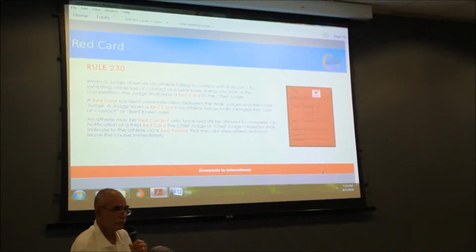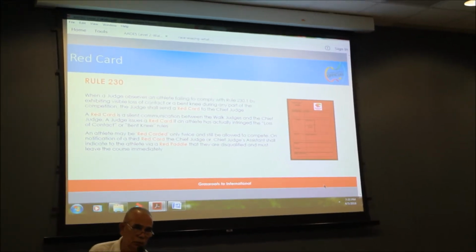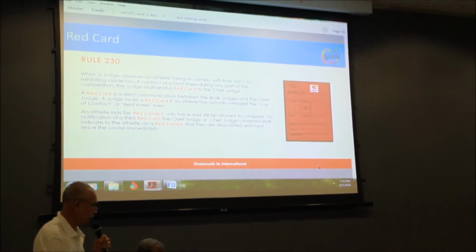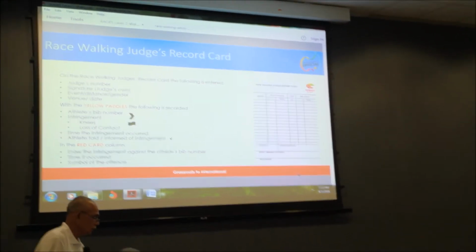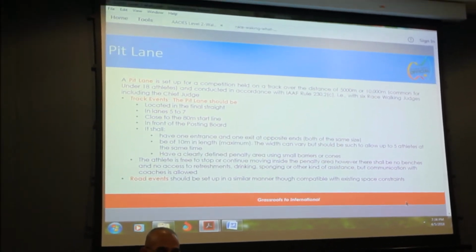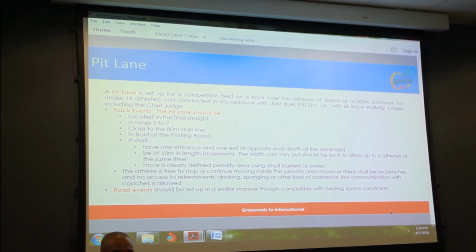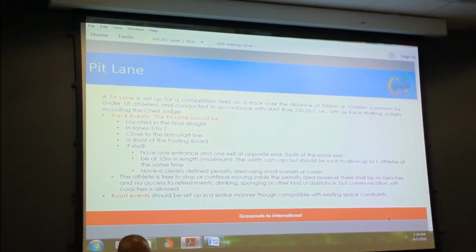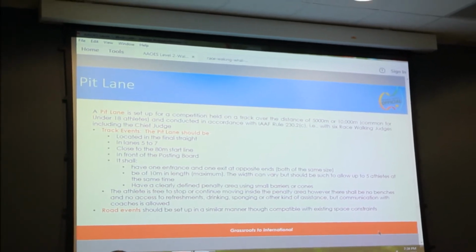Having said that, now I have come up with pit lane rules. Okay? Pit lane rules, to allow athletes to complete. When a pit lane is introduced, after 3 red cards, the athlete will go inside the pit lane.